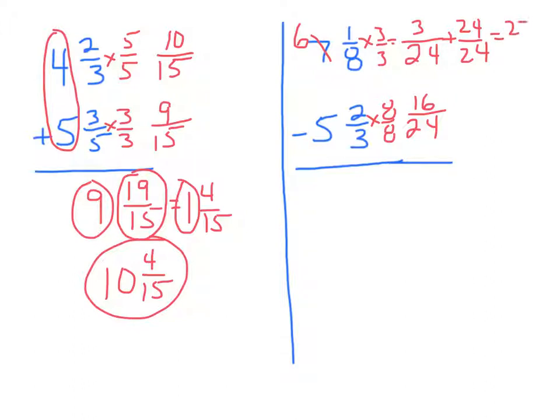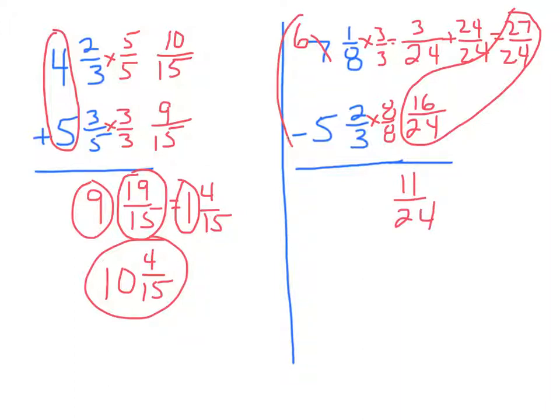So now on the top I really have 27 24ths. And now I'm going to go through and subtract the 27 24ths minus the 16 24ths, which gives me 11 24ths, and then the 6 minus the 5 gives me 1. So I get a final answer of 1 and 11 24ths. The 11 24ths is already in lowest terms, so I don't need to worry about doing anything else with the fraction.